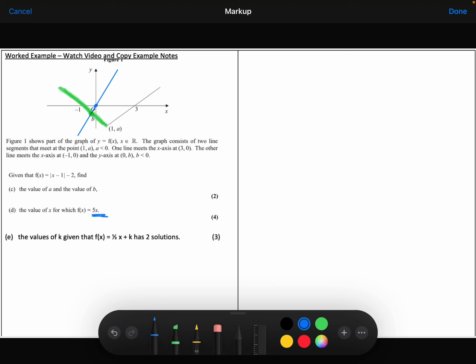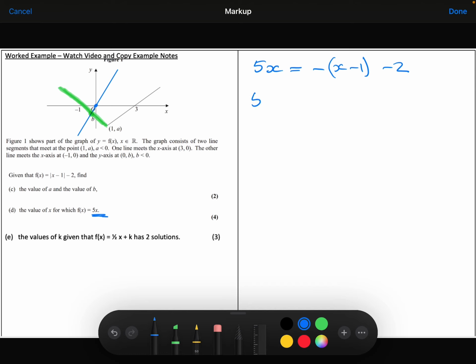So when I come to solve this equation, I'll have 5x is equal to f of x, and f of x is usually like this. But like I say, this part of the graph was the bit where the modulus flipped it, so multiplied it by minus 1.